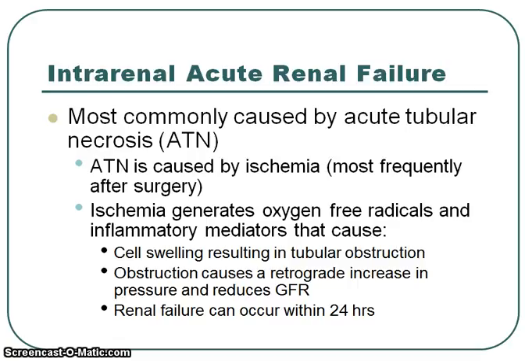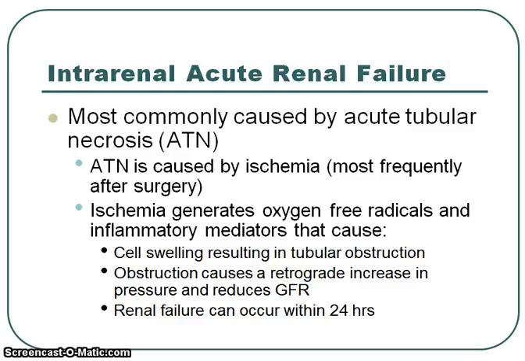Next would be intrarenal failure. So what happens in intrarenal is it's a problem within the kidney itself. Right? The most common cause for that is acute tubular necrosis. So this is caused by ischemia, usually pre-renal problems that have progressed, right, where the kidney itself is not getting enough blood flow. Right, this can happen after surgery as a complication as well.